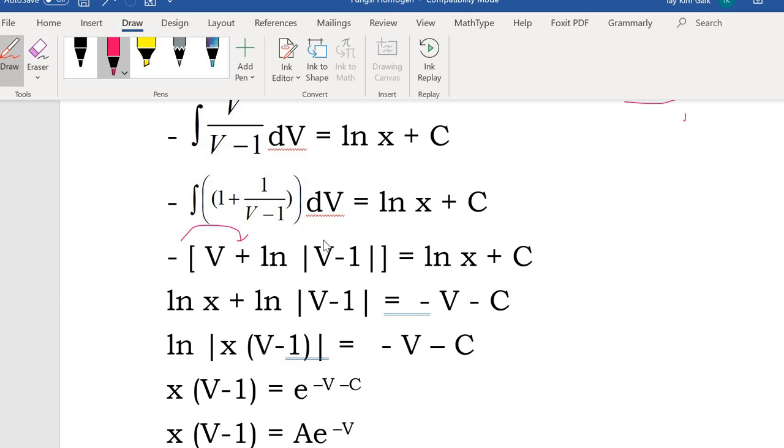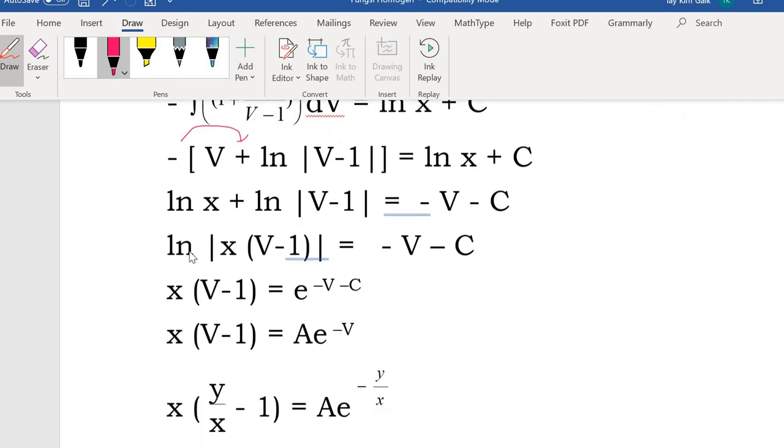So I bring it to the side with ln x, so I have ln x plus ln of v minus 1 equal to minus v, plus c collected to the right, so minus c. For ln, if you add, you can simplify it into one ln, and plus becomes multiplication. So ln of x times v minus 1 equal to minus v minus c.